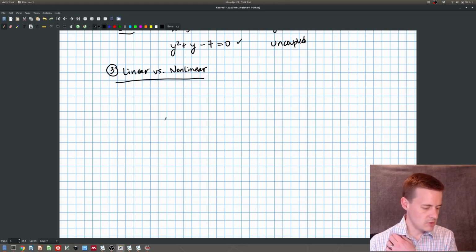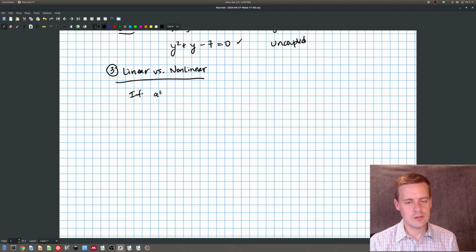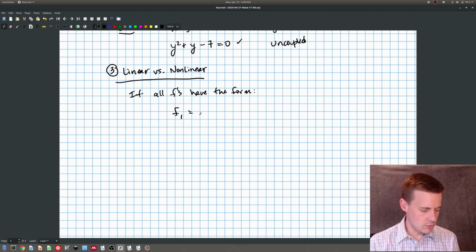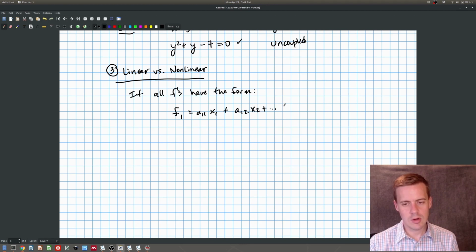So if all f's have the form f1 is equal to a11 x1 plus a12 x2 plus etc. all the way down to a1n xn, then I'm linear.